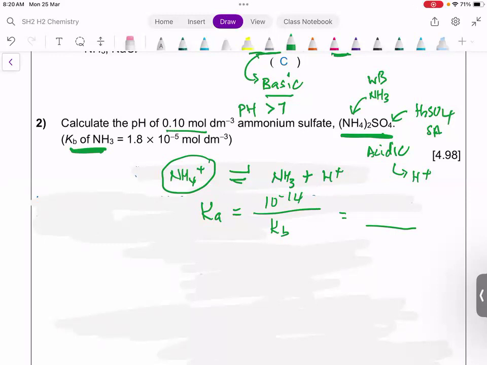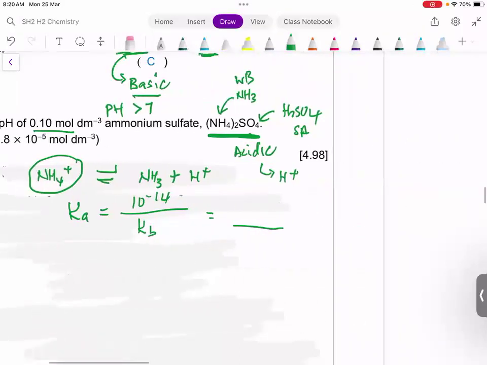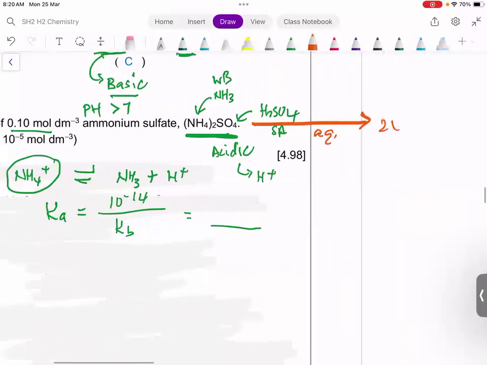No, you should know that the ammonium sulfate upon full dissociation, remember, the salt always undergoes full dissociation when placed in water. So there will be 2 moles of ammonium cation and 1 mole of sulfate anion released. Okay, so starting with 0.1, this will become 0.2 mole per dm cube.